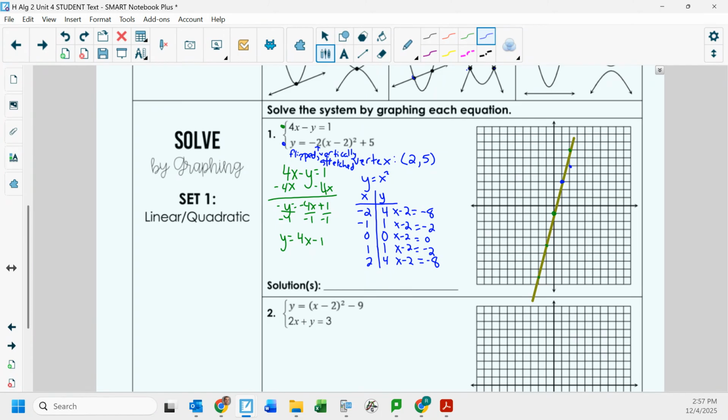So we know that they would intersect at (1, 3) because they both shared a point. I would want that mirror image point, right 1 and down 2. And then we're going to go left 2 and down 8. So we go left 2, down 8: 1, 2, 3, 4, 5, 6, 7, 8.